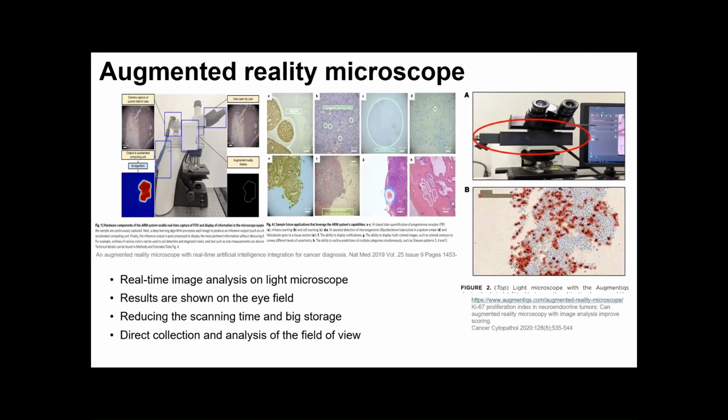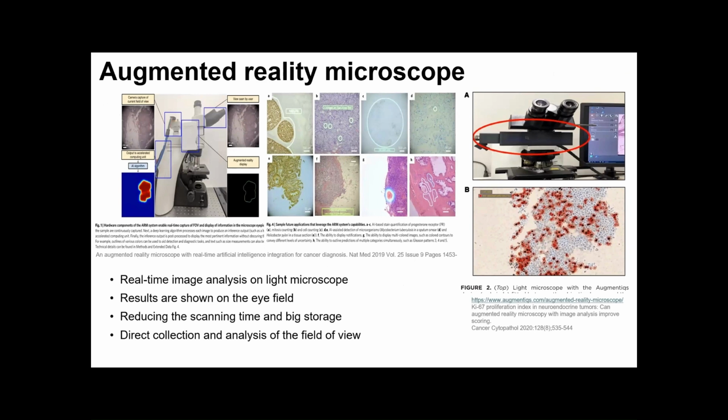The last technique is the augmented reality microscope. This picture is the AR microscope by Google. The tumor is displayed in the eyepiece in real time during the slide navigation. Several tissue analyzing values or malignant tumors can be visualized in this method.